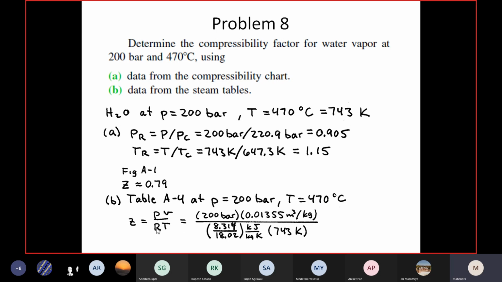Then R value we know. R is what? Universal gas constant divided by molecular weight. Once you do this at this temperature, this calculated value also comes to 0.79. Both ways you can do it, from the table also. However, this is not a perfect ideal gas, close to an ideal gas we can consider.